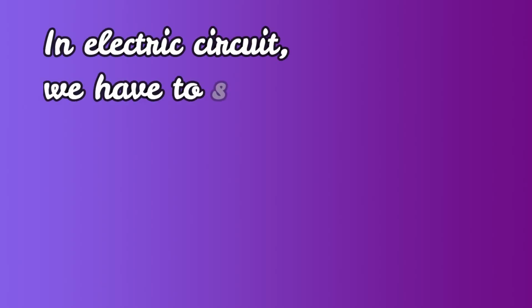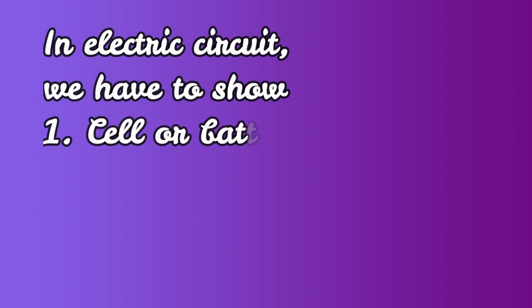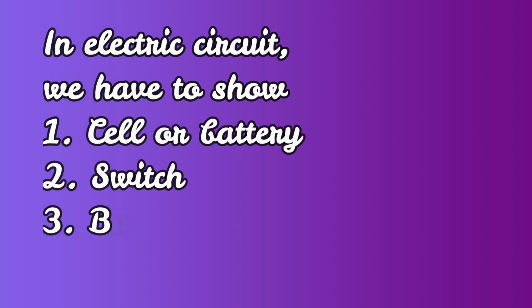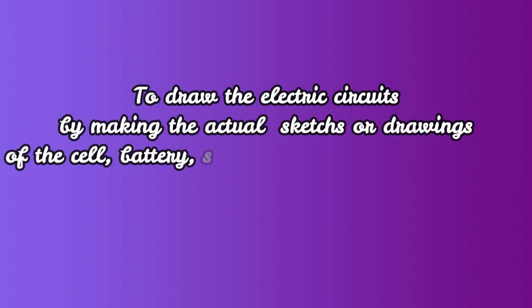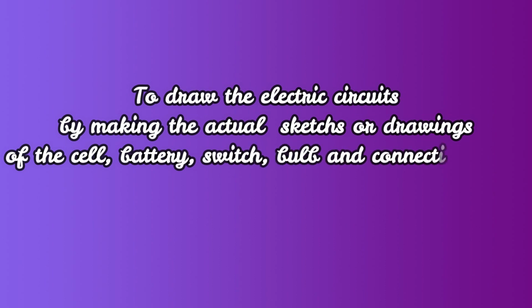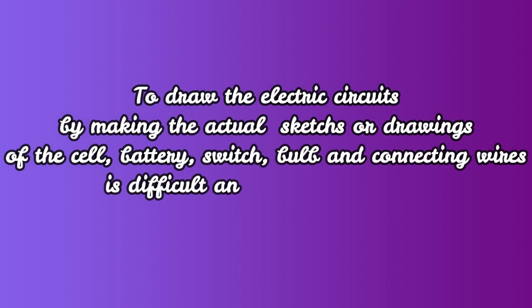In electric circuits, we have to show a cell or battery, switch, bulb or lamp, and connecting wires. To draw electric circuits by making the actual sketches or drawings of the cell, battery, switch, bulb, and connecting wires is a difficult job and takes a lot of time.